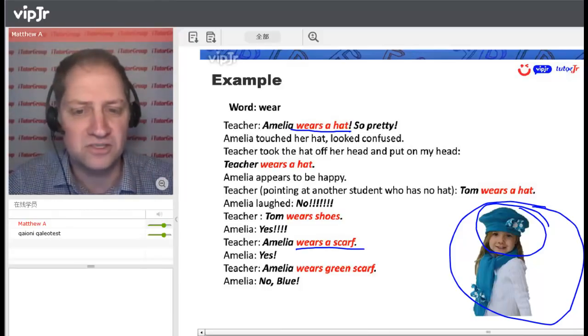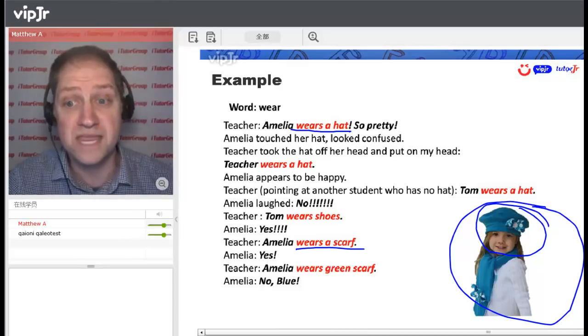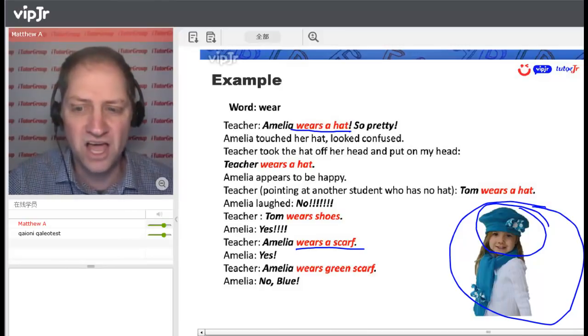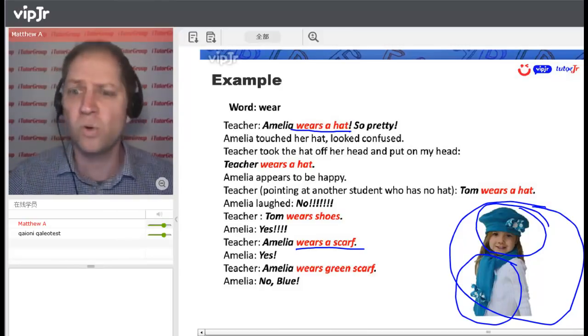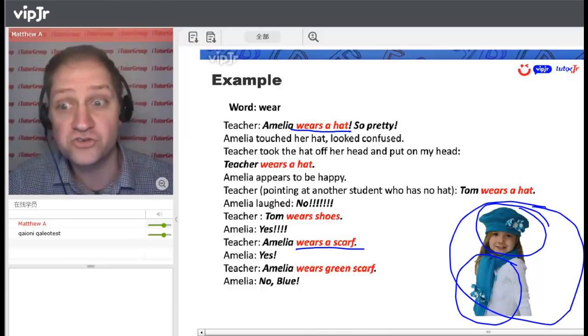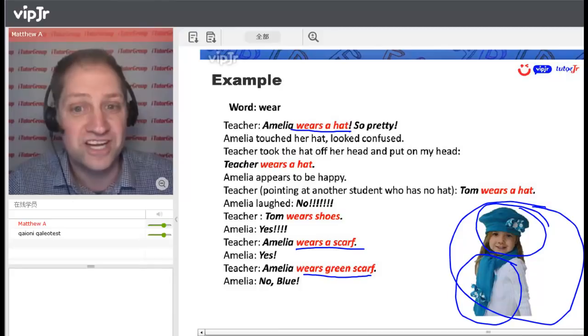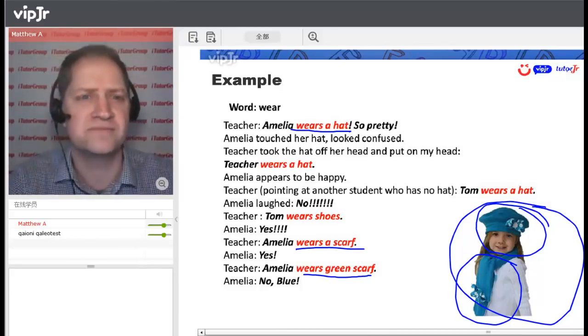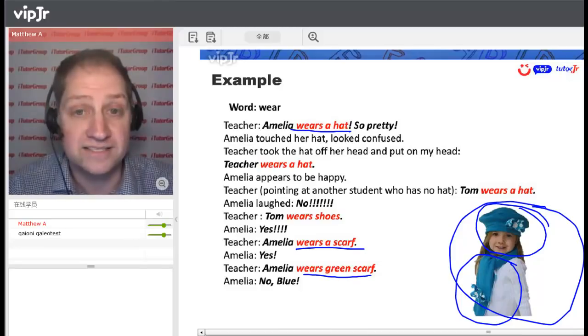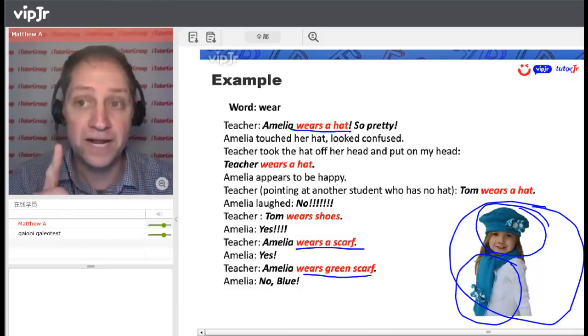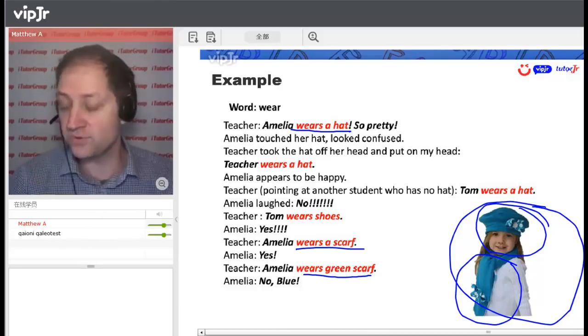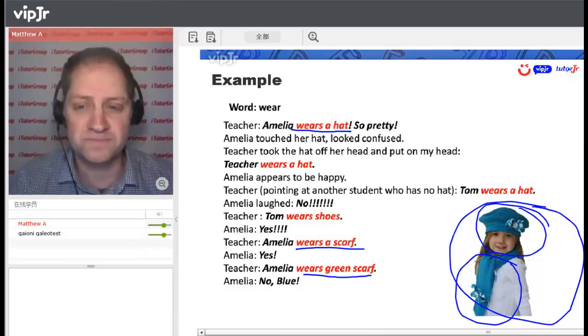Something else, looking further down, we could mention Amelia wears a scarf. Maybe we could ask a question. What color is the scarf? Green. Okay. Amelia wears a green scarf. So that's how we can then help them to develop using this language. Practically, let's look at an example of how we could do that in the classroom using TPR.